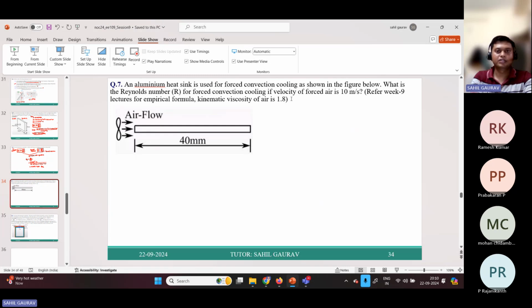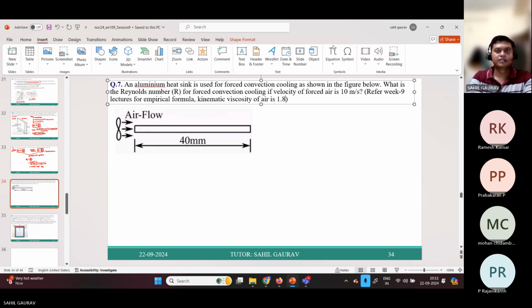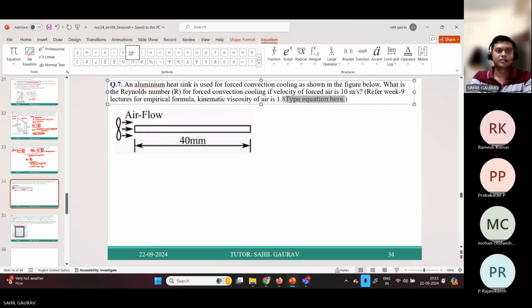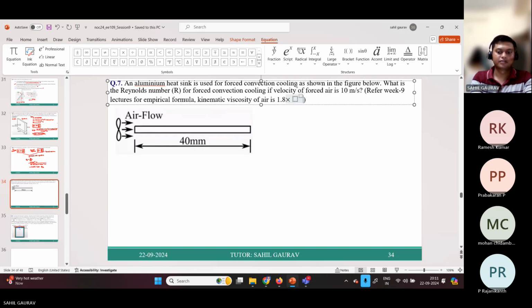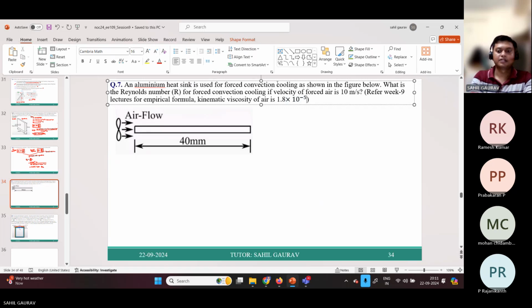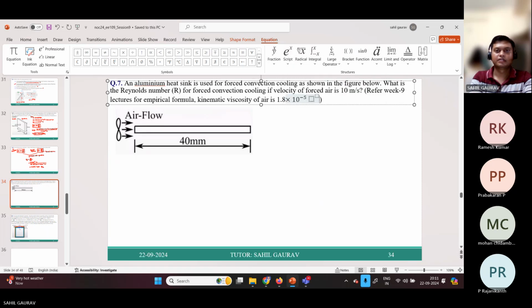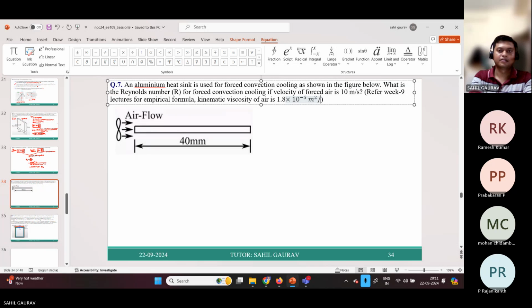Sorry, one mistake there. 1.8 into 10 to the power minus 5 meter square per second.